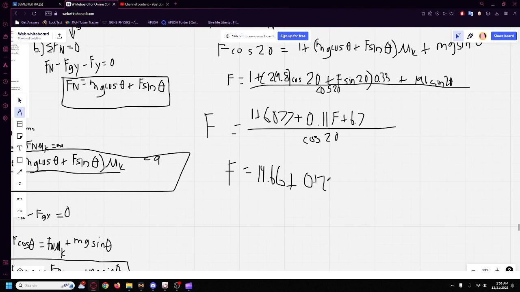So you subtract that over, divided by 0.8, so F is equal to 14.66 over 0.88, which is about 16.6 newtons.